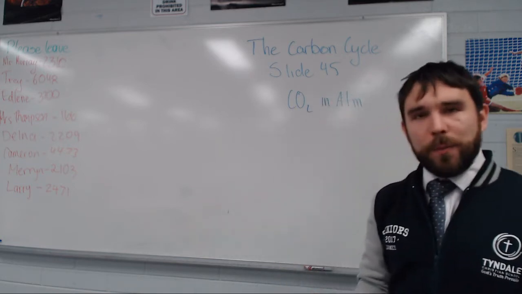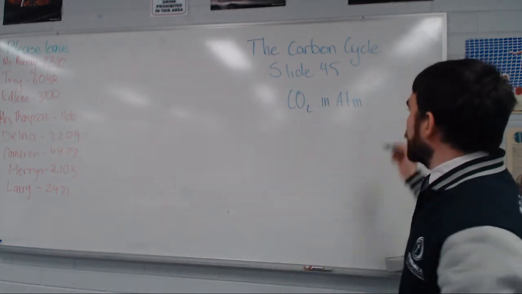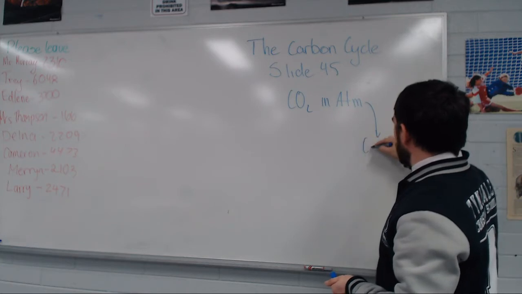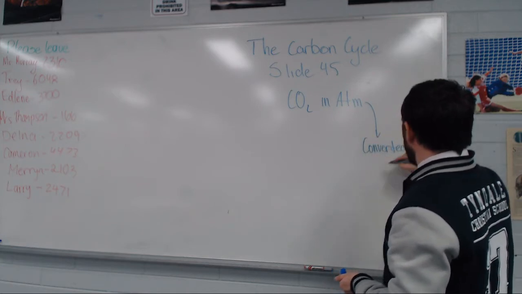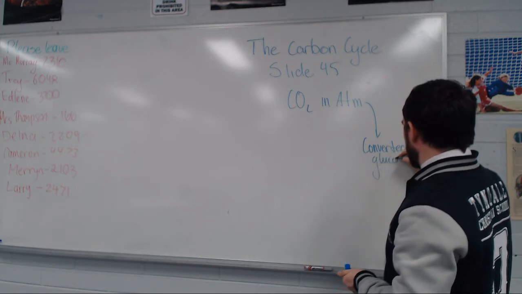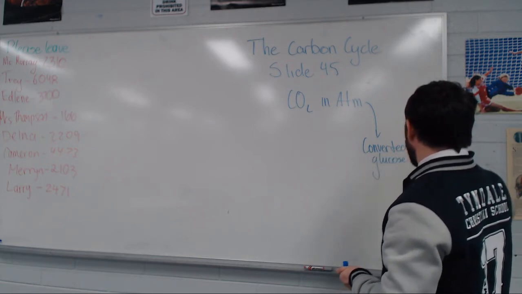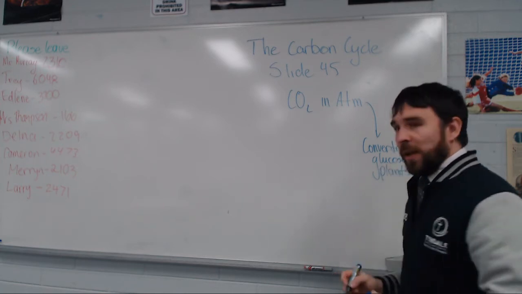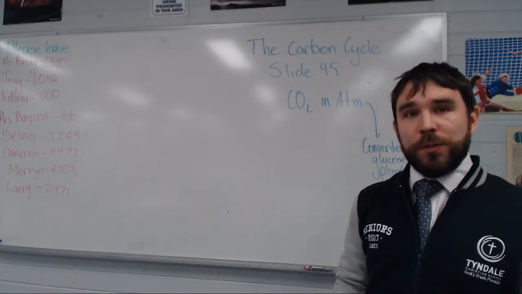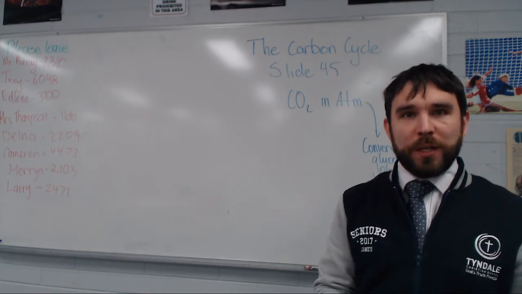So we start with our carbon dioxide in the atmosphere, and then it needs to enter plants. I haven't written the process that does this. If you don't know it, go back to previous videos or go back to previous slides and look it up.